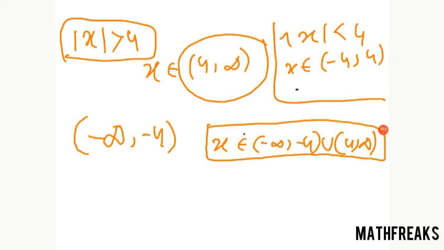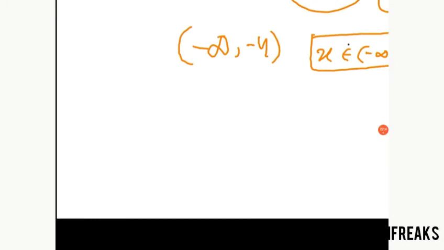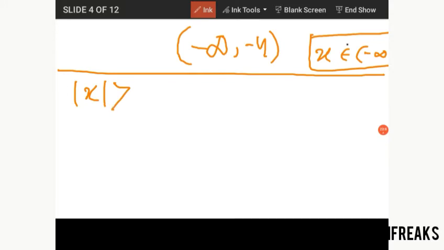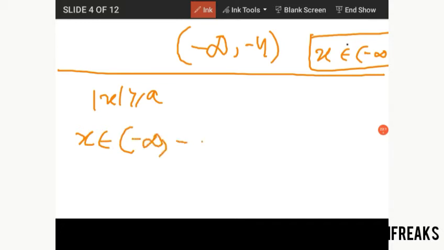Now I have explained this with some examples. Now if you want to generalize it, what we can say: if |x| is greater than or equal to a, so x will belong to (-infinity, -a] union [a, infinity).